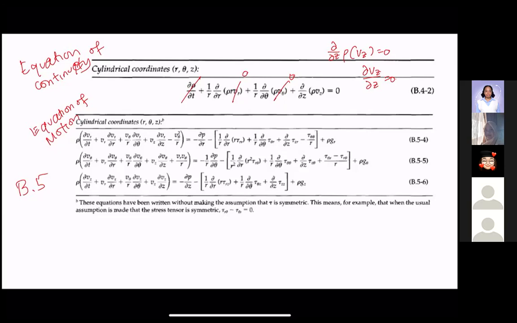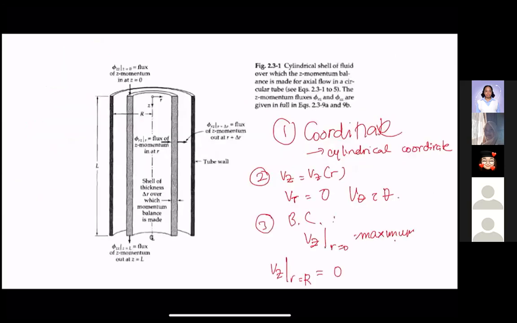How to identify? Again, check the boundary condition. What is the boundary condition related to? Here we have the boundary condition related to the velocity at r equal to 0 on the axial axis, and the second one at velocity r equal to R. So both boundary conditions are related to the velocity.